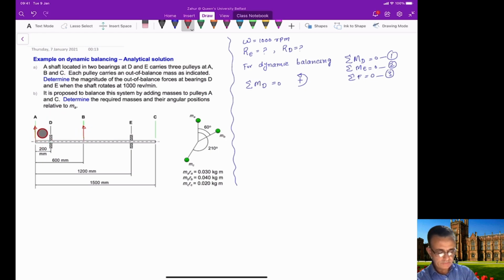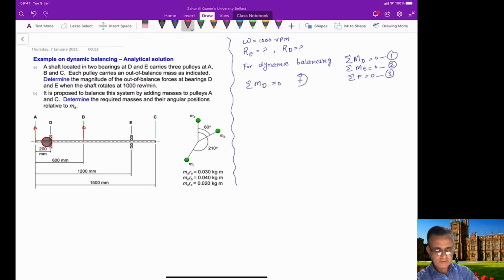So this positive force will create a negative moment, and this positive force will create a positive moment. It's important to make sure that you know the direction of the moment here.